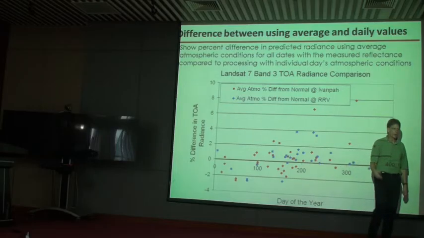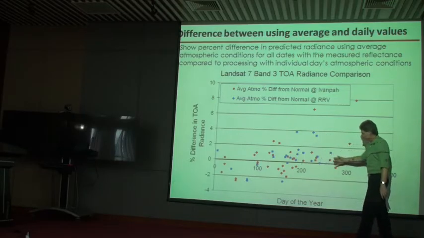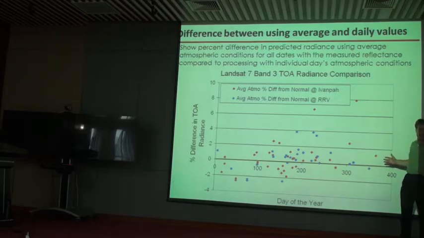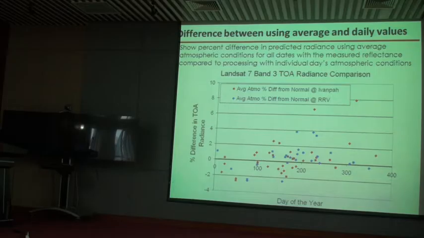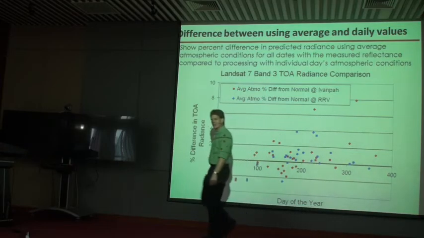If I had to guess, it's pollution coming down from Las Vegas, or coming from the freeway. There's a few other outliers from Railroad Valley, which basically says that I could use average atmospheric conditions for all of the processes. All I have to really do is walk out there and measure the reflectance. We have enough atmospheric information about the test site that we no longer have to make any atmospheric measurements, and we'll get about a 2% variability in our answer.